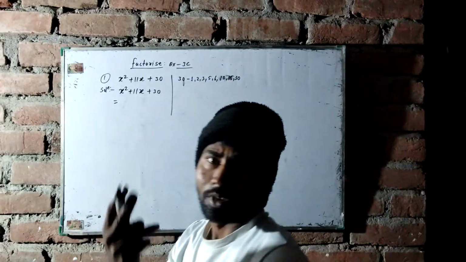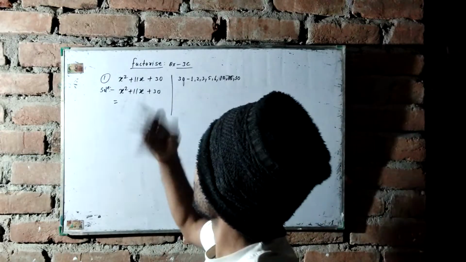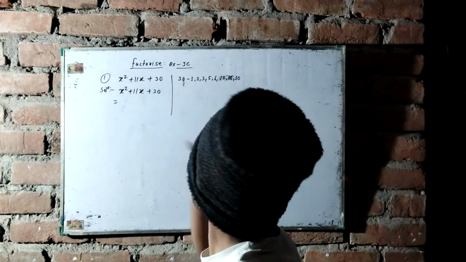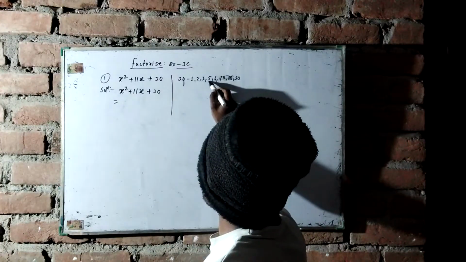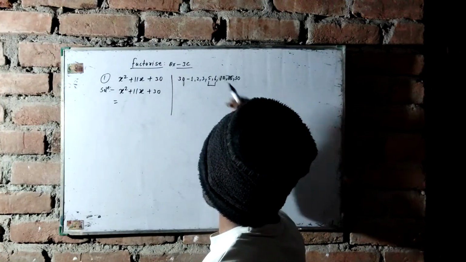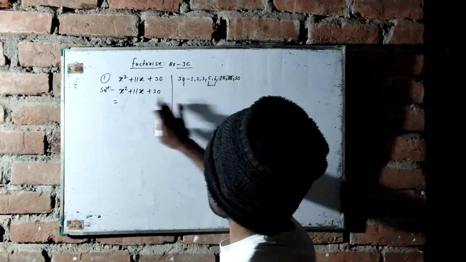We choose two numbers whose sum is 11 and product will be 30. Here we can see 5 and 6 whose sum is 11 and product is 30.